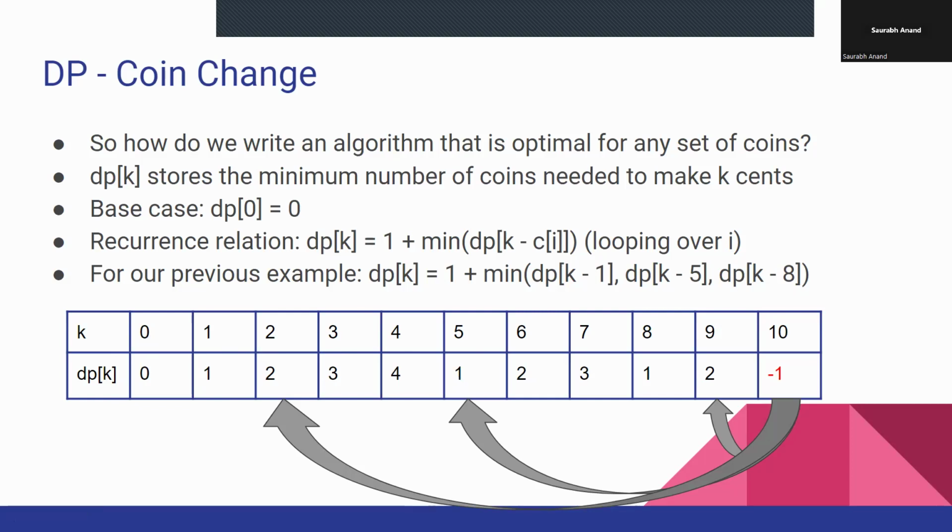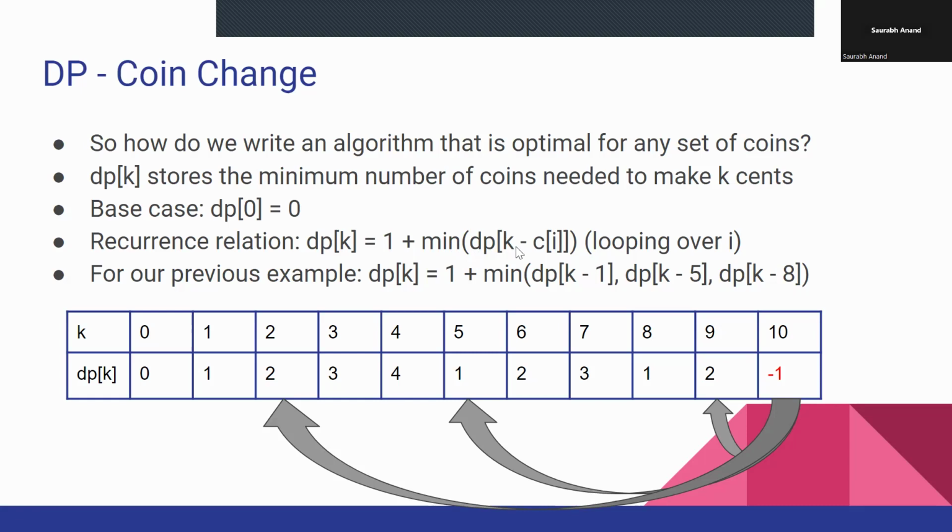To actually calculate this, the recurrence relation, if you think about how these numbers relate to each other, the best way to make K cents is to look back in the list. You need to take 1 extra coin, obviously, but you're trying to minimize the number of coins. That's what this min means, minimizing.